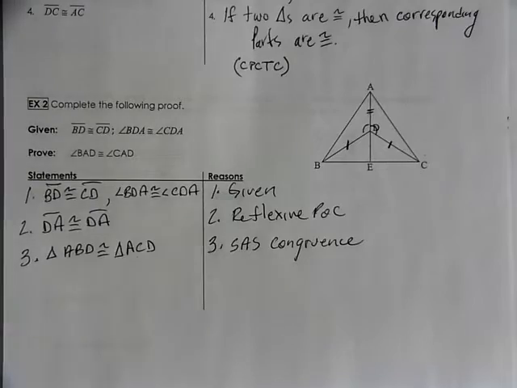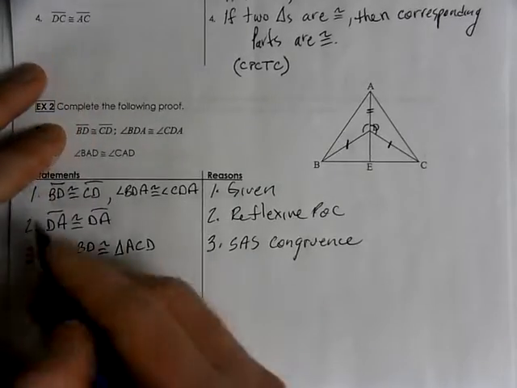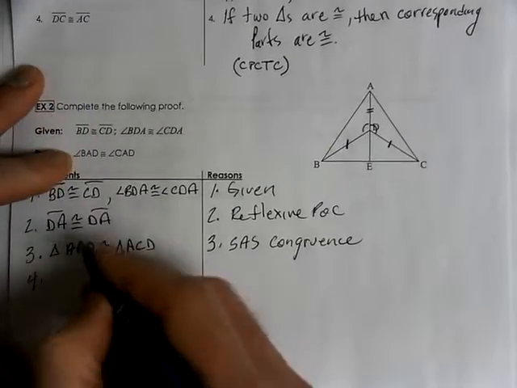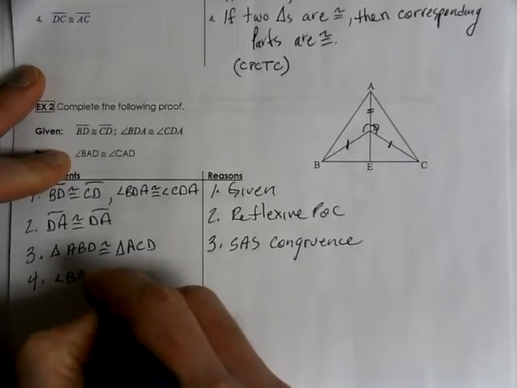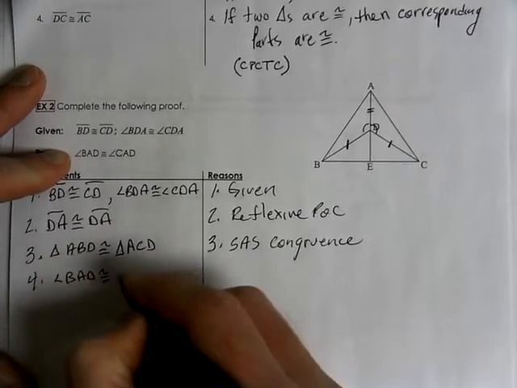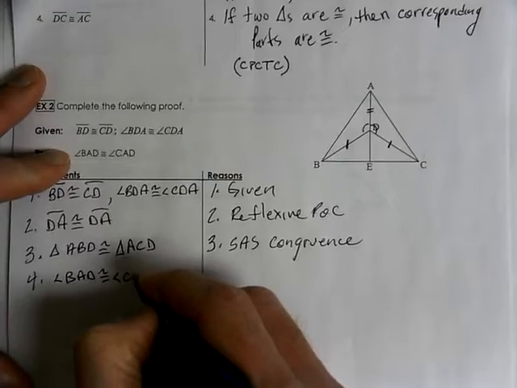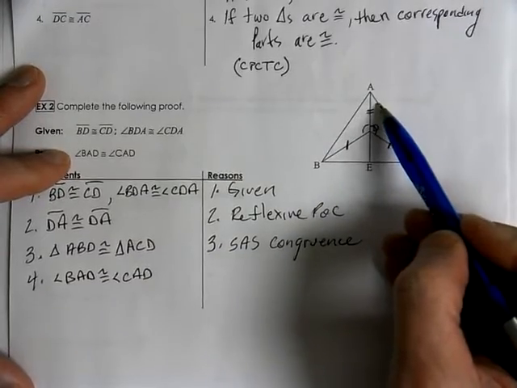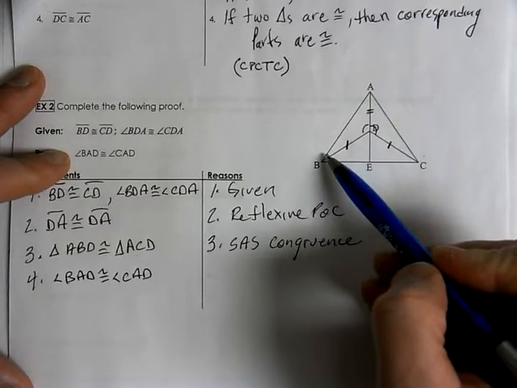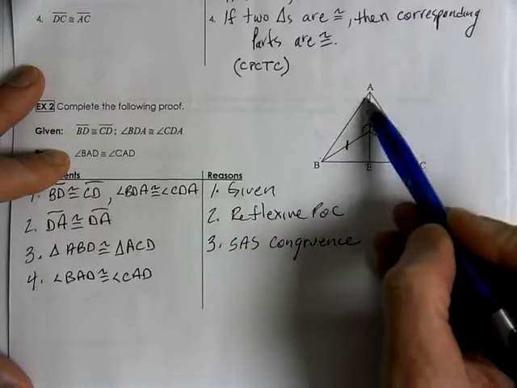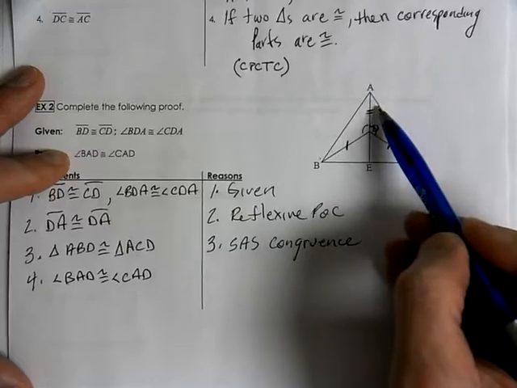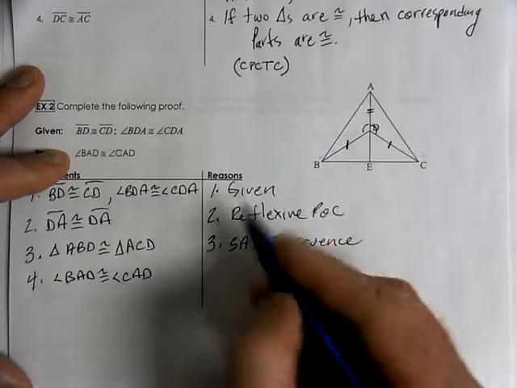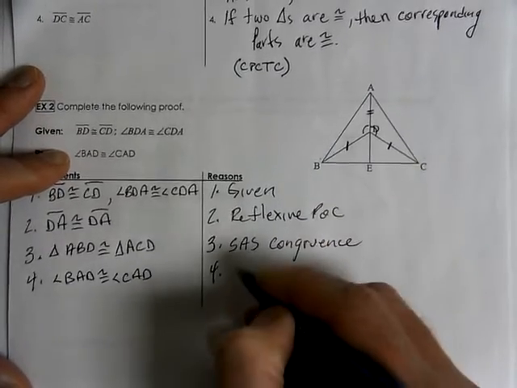Once you know the triangles are congruent, then any extra parts that we haven't talked about must be congruent. We haven't talked about these angle A's at the top. This angle A, BAD, this one here at the top and the other one on the side, those are going to be congruent.